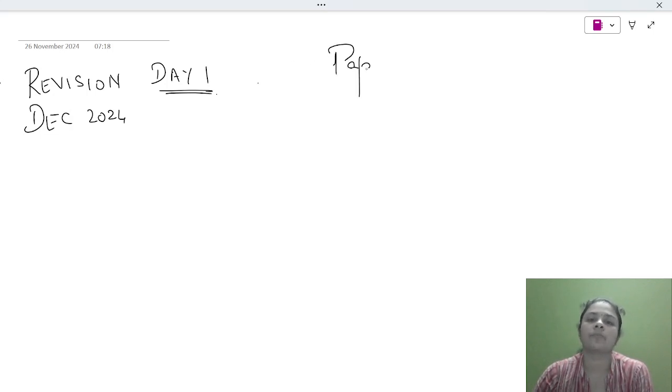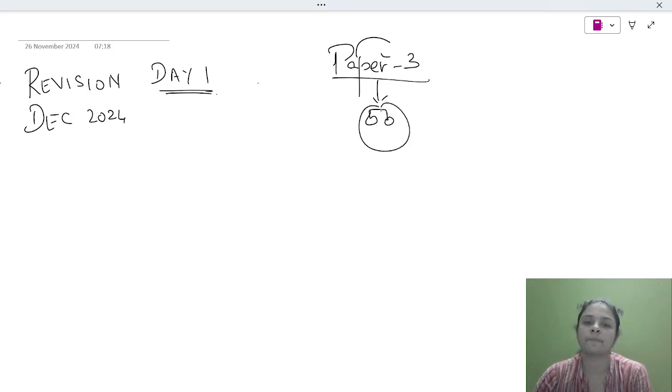I believe you have already gone through the revisions of all other subjects and we are now in the last subject. Basically, this is paper number 3, which is Maths, Business Mathematics and Statistics. A quick outline to the paper pattern: we are going to have an examination where we are going to attempt 50 questions of 2 marks each.